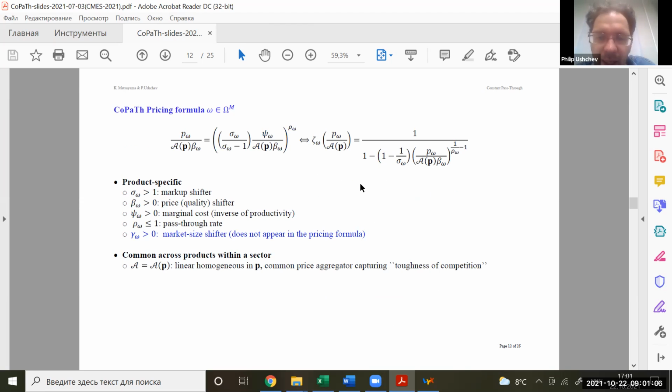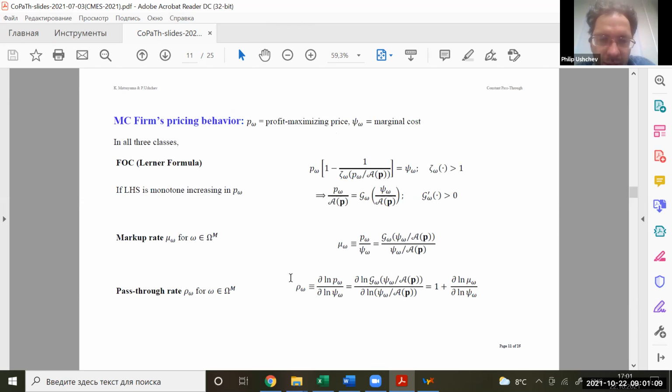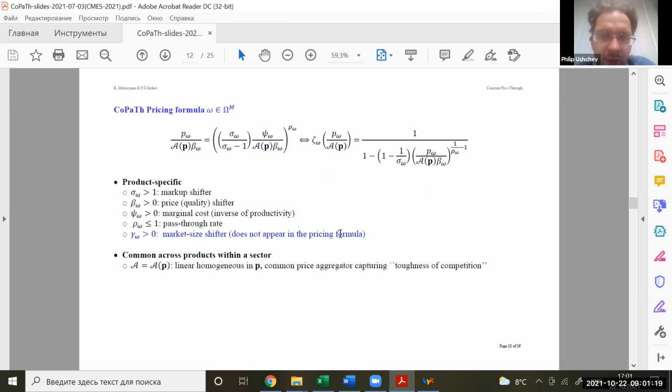Okay, so if you're willing to have this exogenous, independent of equilibrium variables and hence unresponsive to general equilibrium effects, this is what the pricing formula actually becomes.